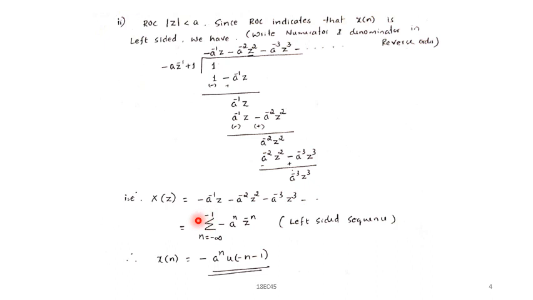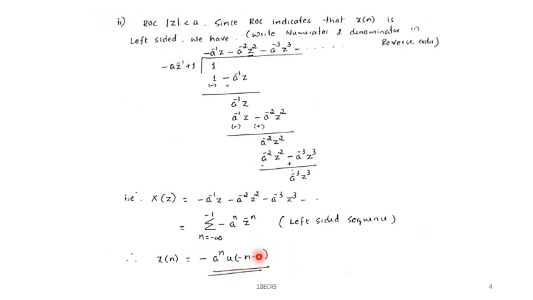And here, based on the limit, you can identify this as a left-sided sequence, right? Because this is valid for n less than 0. So this is a left-sided sequence. Therefore, if I compare with the standard equation, I can write x of n as minus a to the power n, and because of this limit minus infinity to minus 1, I'll multiply by u of minus n minus 1.